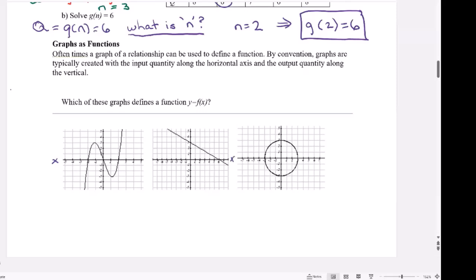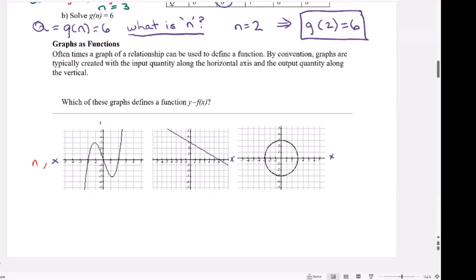It doesn't have to be x. As a matter of fact, the one we used before was N. So if I look at my last question, the horizontal axis had N's. And our vertical axis here, it says y equals f of x.